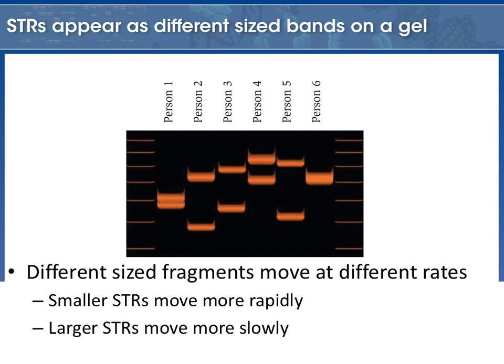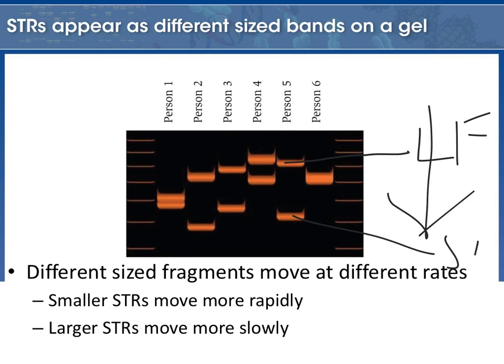So again, different size fragments, short tandem repeats, whether they're 3 long or 8 long or 15 long, they move at different rates. The heavier or longer fragments are moving more slowly, and so if the PCR goes down this way, a band up here is going to be a long fragment. One down here is going to be a short fragment.